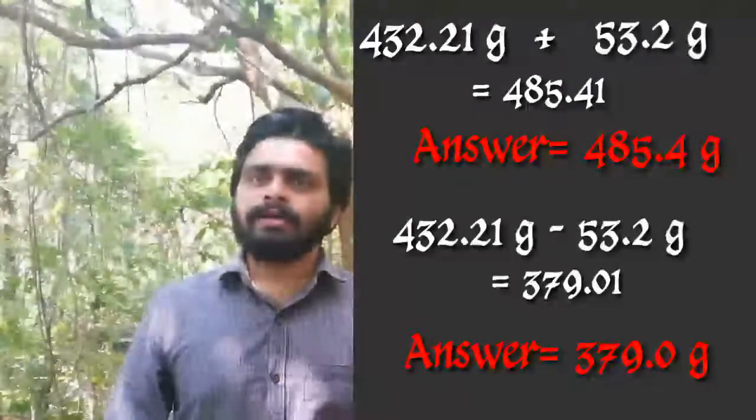Okay. Then one more point we have to consider regarding addition and subtraction. In any physical quantity, when we are adding or subtracting, it is only possible to add or subtract the same kind of physical quantity.